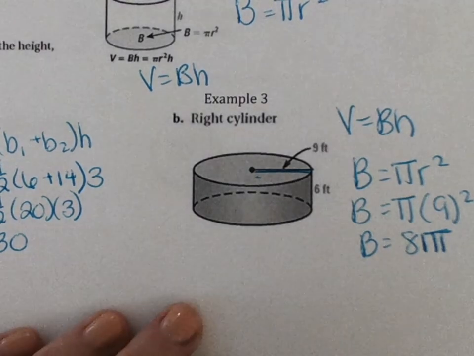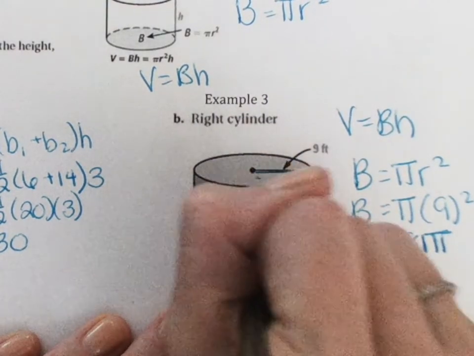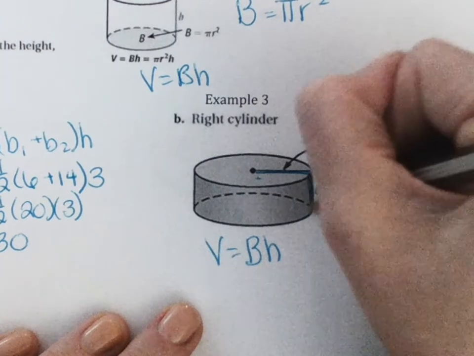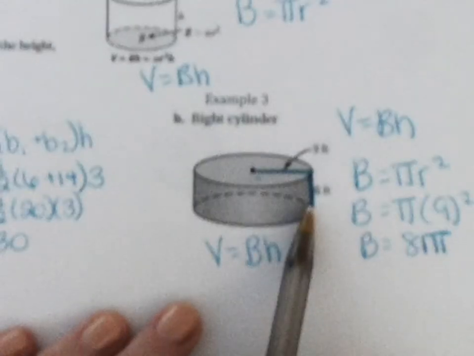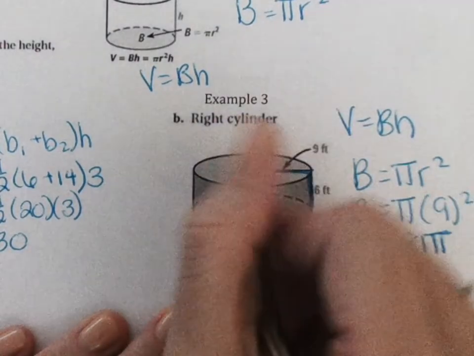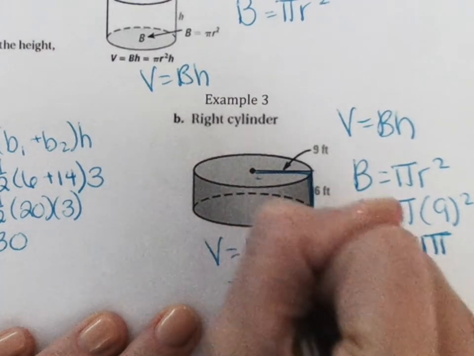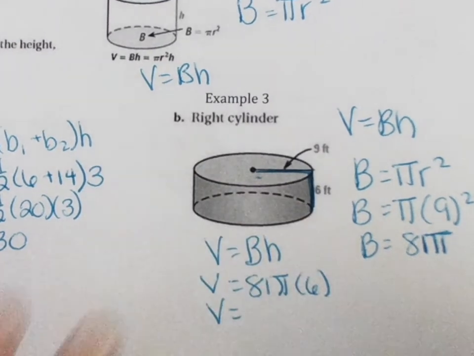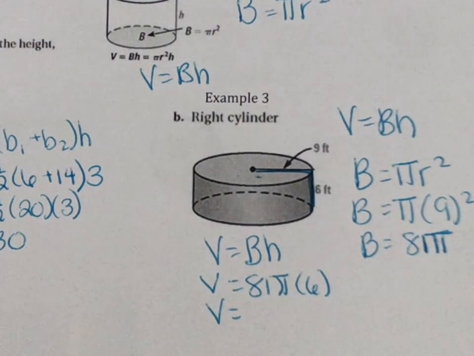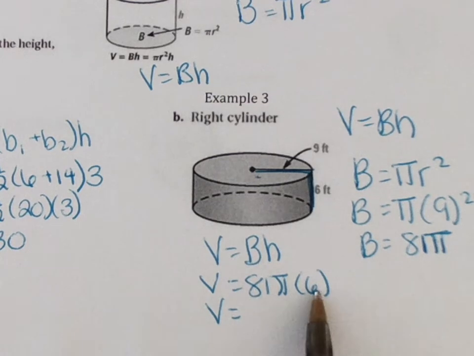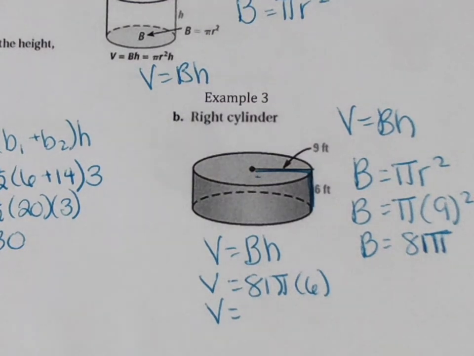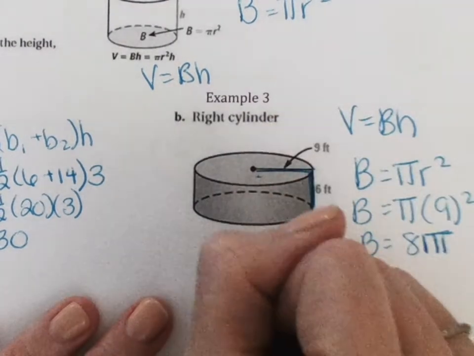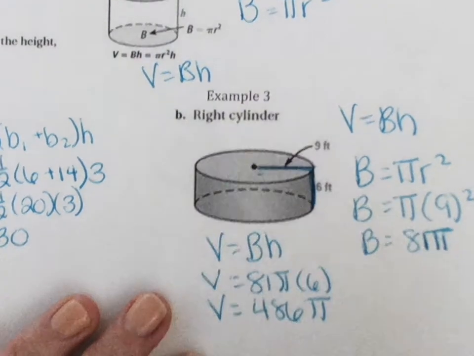81 pi. My volume is going to be area of the base times the height of the cylinder. The height is 6 feet. So I've got 81 pi times 6 feet. There's two ways that you can write this out. So I'm going to do two different ways. I'm going to do 81 times 6, which gives me 486 times pi.